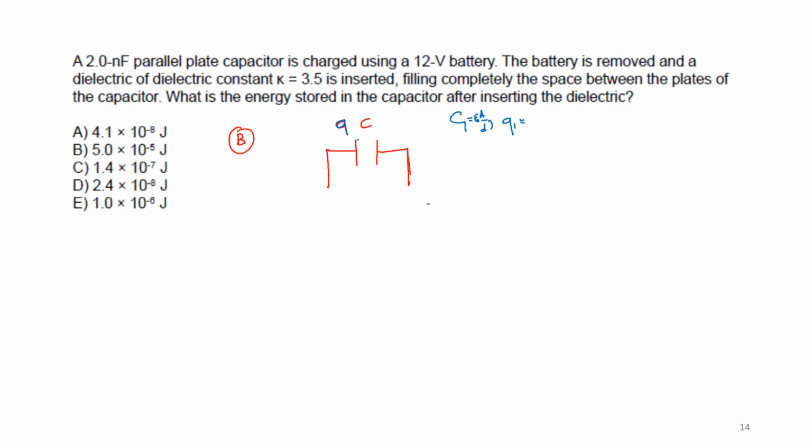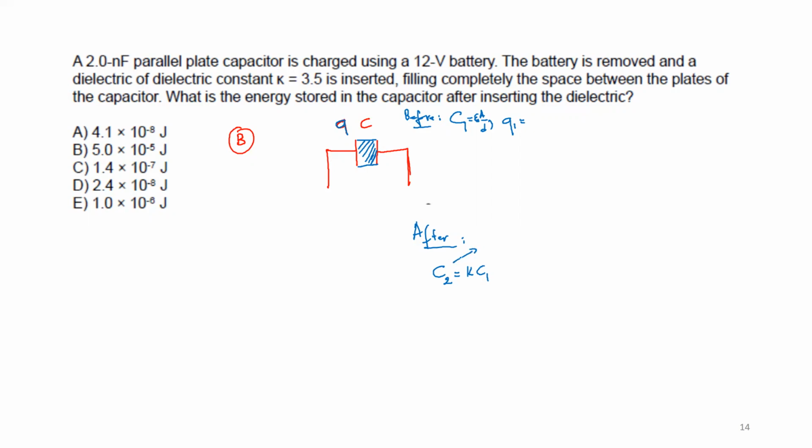Now I want to see the effect of inserting a dielectric now. So this is before, no dielectric inserted. After is when I insert a dielectric. Again, what will be my C2? C2 will be just kappa C1. It has increased after I put a dielectric.